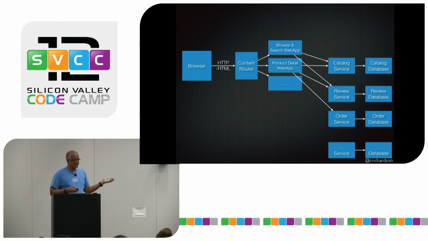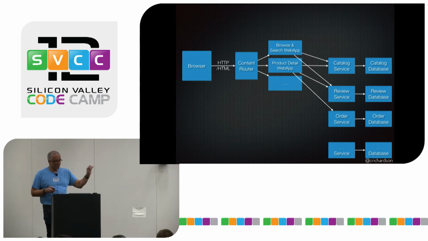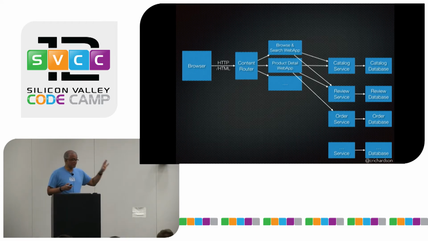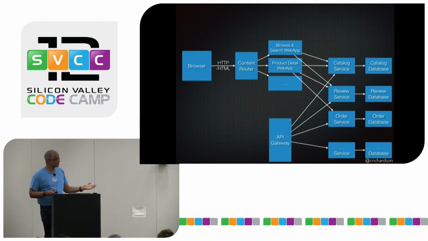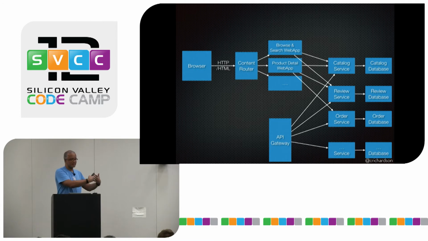You can functionally decompose your web application as well: one web application for browsing and searching products, another for the product detail page, another for checkout, and so on. And then if you need to expose some form of API to the outside world, you would have an API gateway that acts as a facade, exposes an API to the outside world, and hides the individual services.